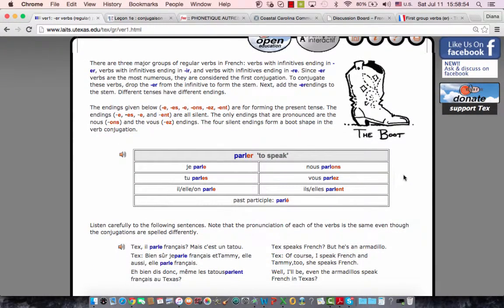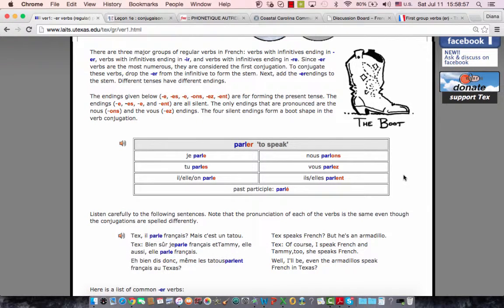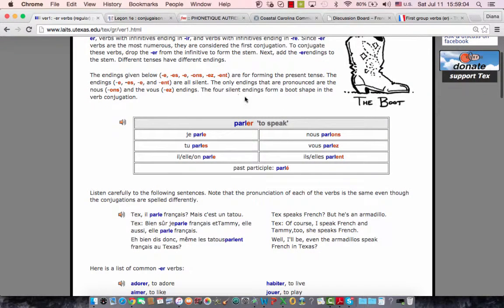Conjugating first group verbs is pretty straightforward. The way we're gonna do that is by eliminating the ER, the dictionary ending, the mark of the first group verb, from the verb, and adding specific terminaisons or endings to the stem or to the radical, whatever is left after eliminating the ER.